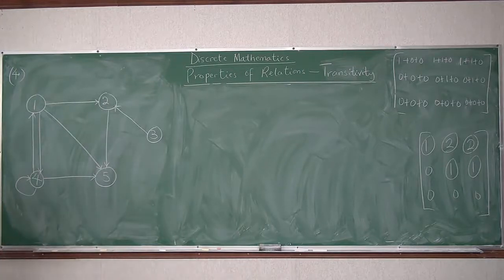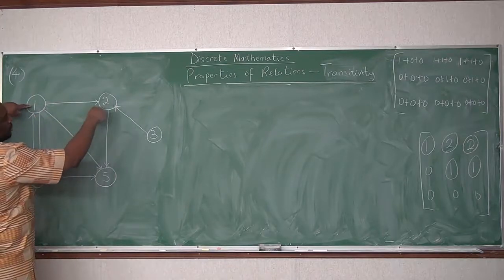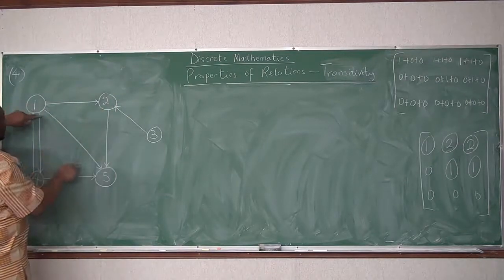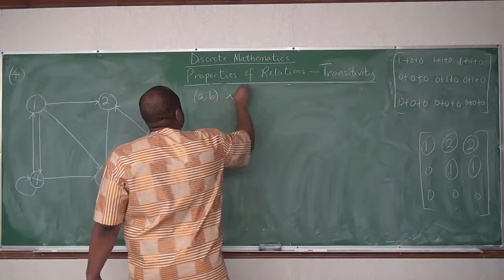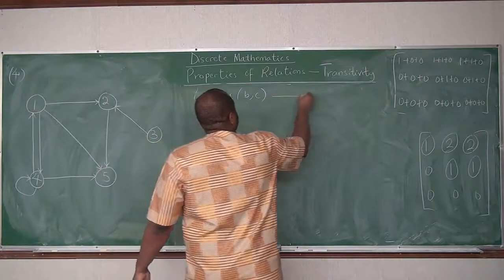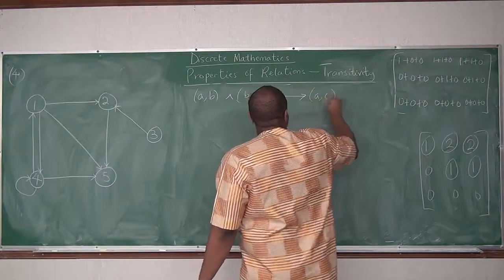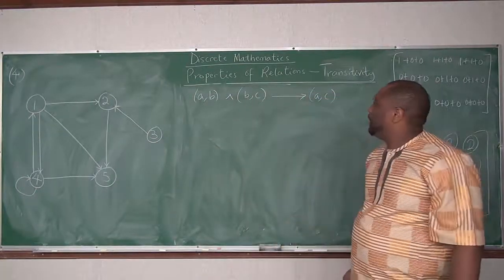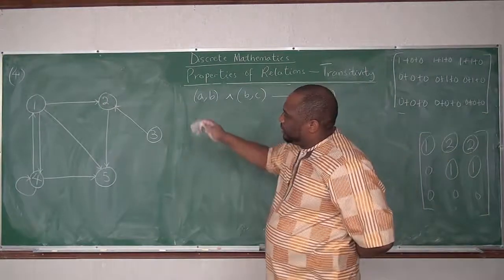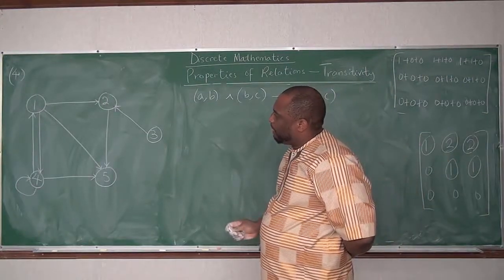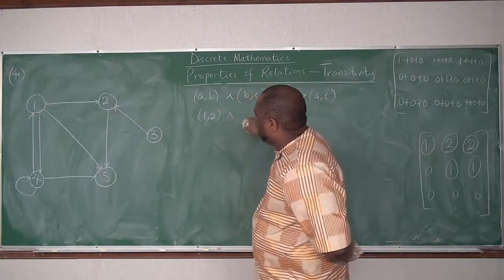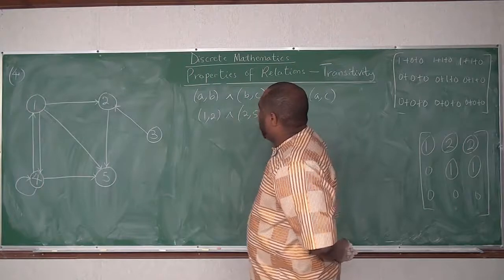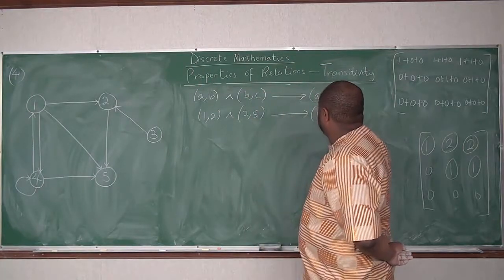Okay, so let's see here. You have 1, 2, 2, 5. So you have 1, 5. So remember, we have AB and BC implies AC. It's always good to write this out first. Okay, let's look at that digraph for a moment. We have 1, 2, and we have 2, 5, and then we have 1, 5.